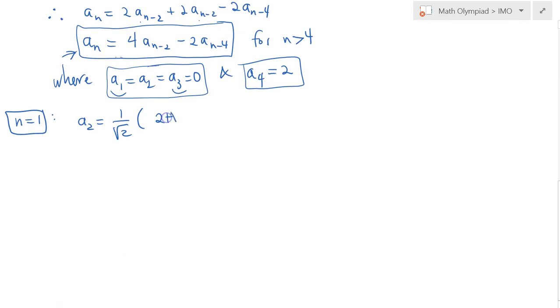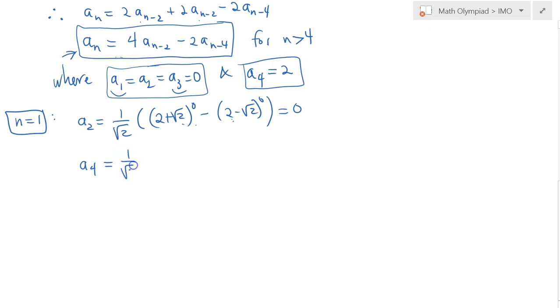So as we said, 2 plus root 2 raised to the 0th power, minus 2 minus root 2 raised to the 0th power again. Obviously these two terms are both equal to 1, so these vanish, and wow, that's pretty convenient.